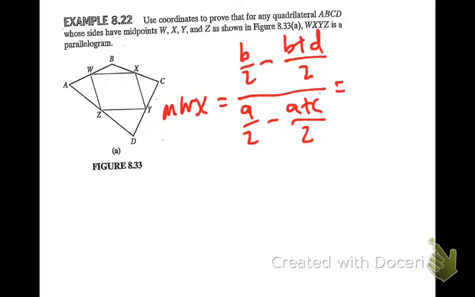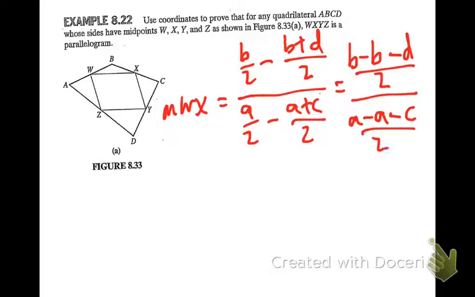So that's going to equal B minus B minus D over 2 over A minus A minus C over 2. That equals negative D over 2 over negative C over 2, which is equal to D over C. Right? D over C.